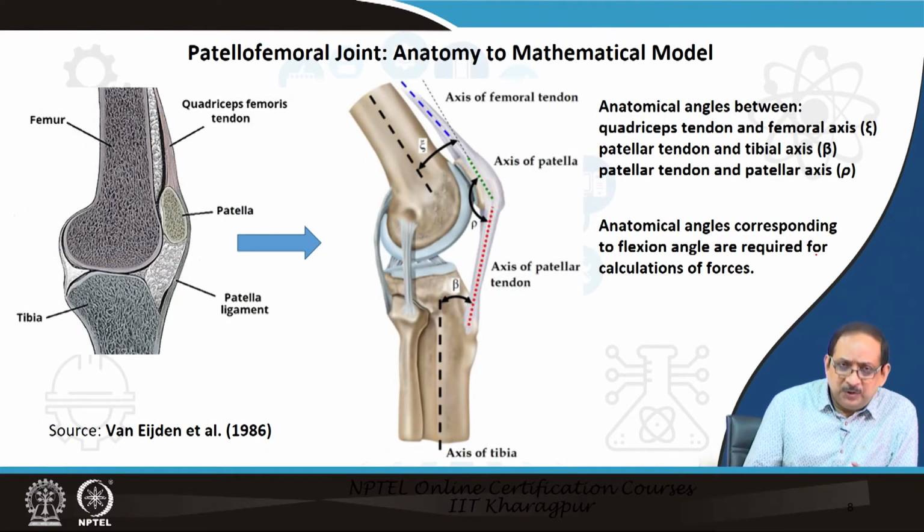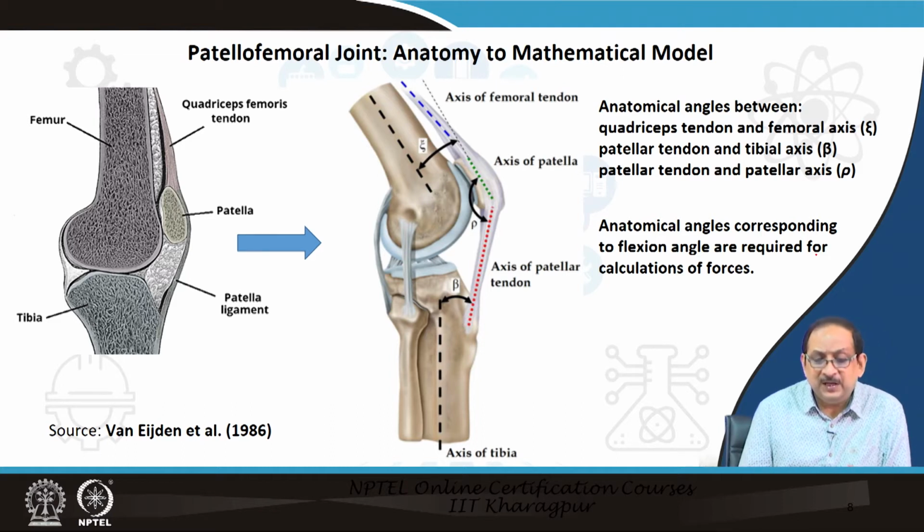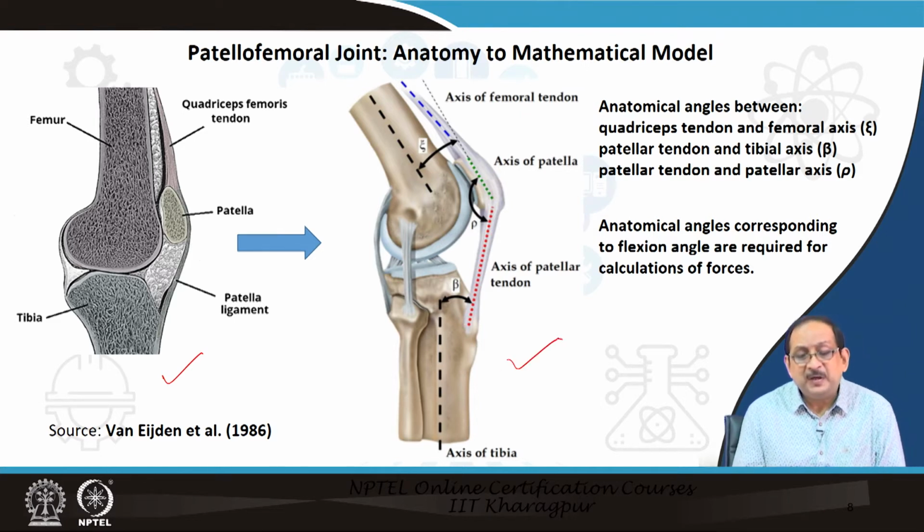Let us look into more detail regarding the patellofemoral joint. On the left-hand side we have a figure which represents the anatomy of the patellofemoral joint, and on the right we have a mathematical model of the same joint.